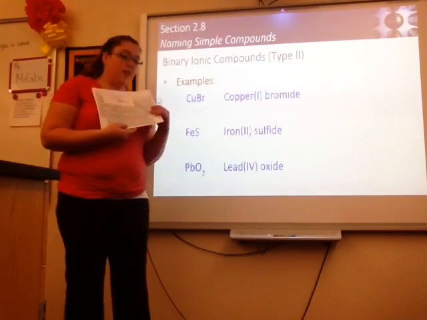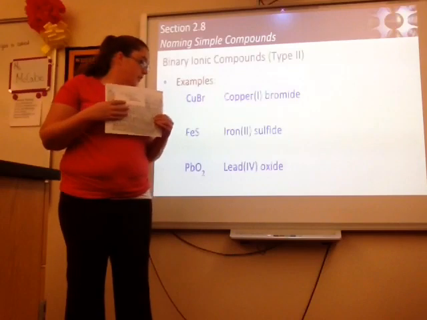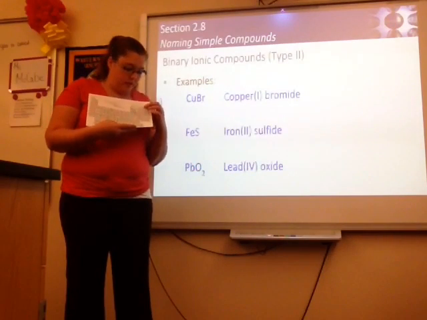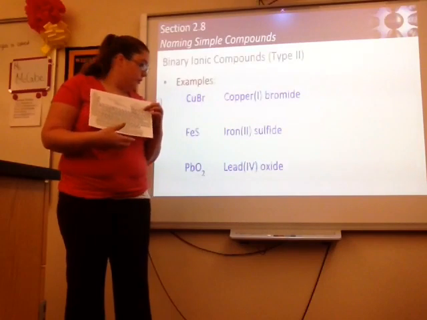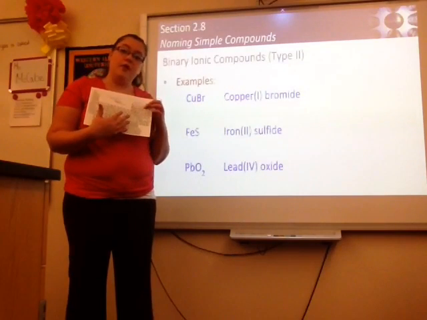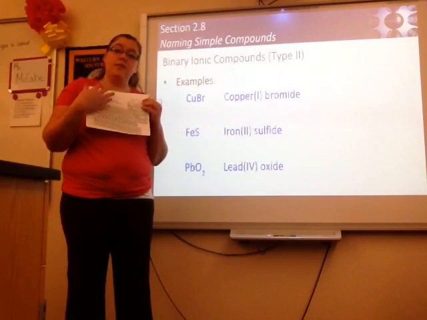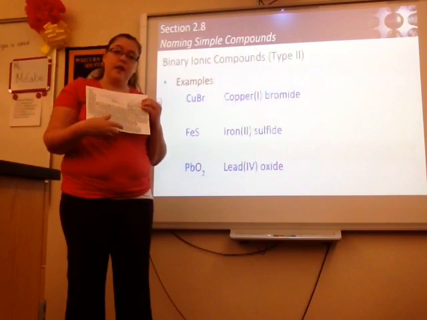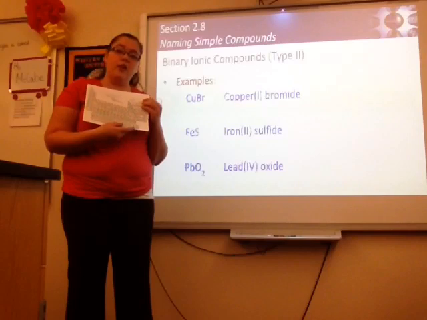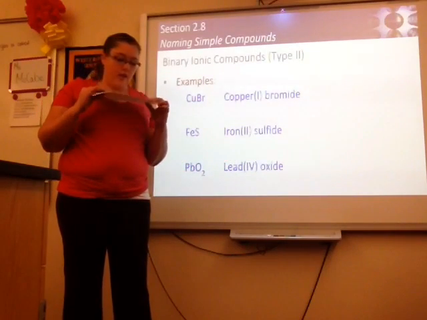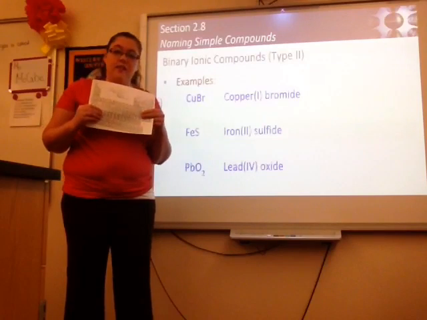And then you've got PbO2. Now notice this O2 is going to count. So I start with my oxygen. My oxygen is a -2 charge. Since there's 2 oxygens, 2 times -2 gives you a -4 charge, and that lead has to cancel it out.